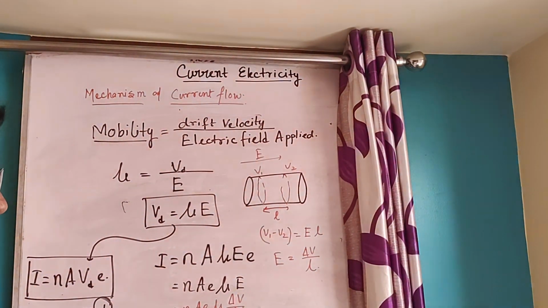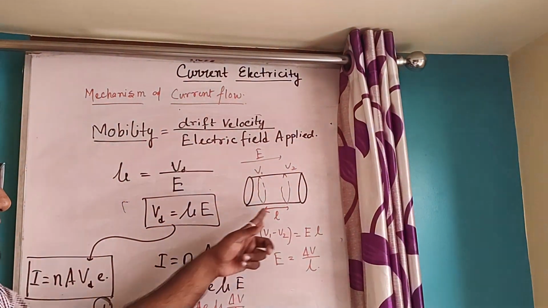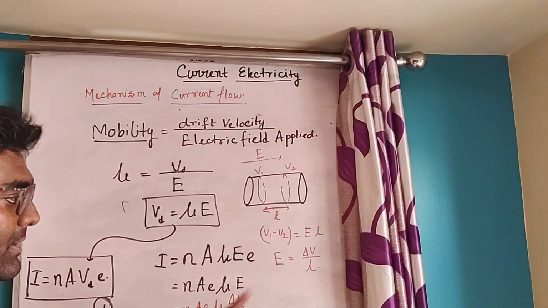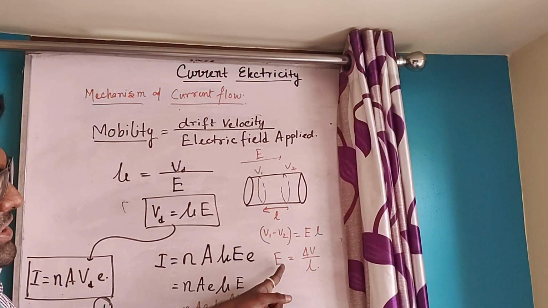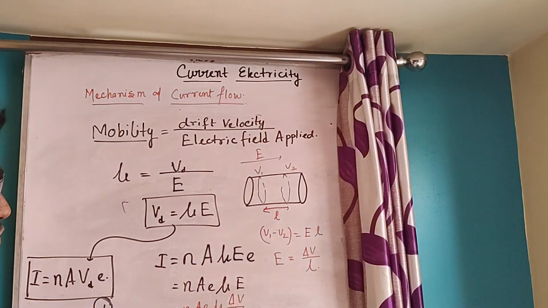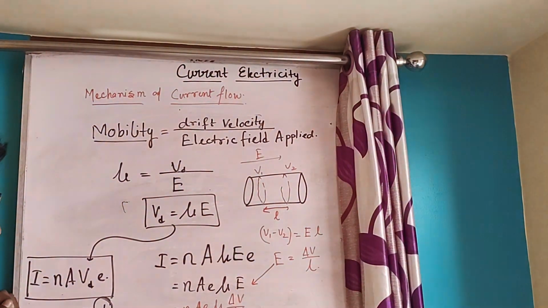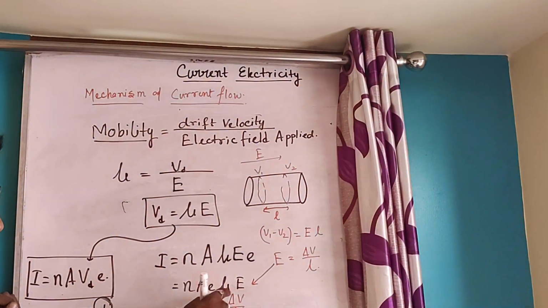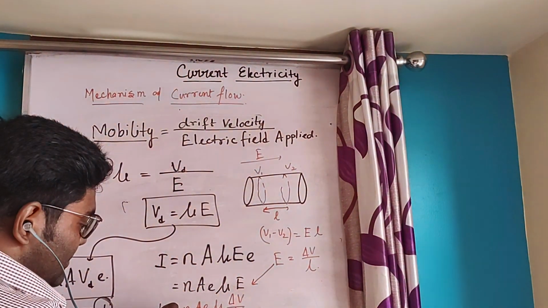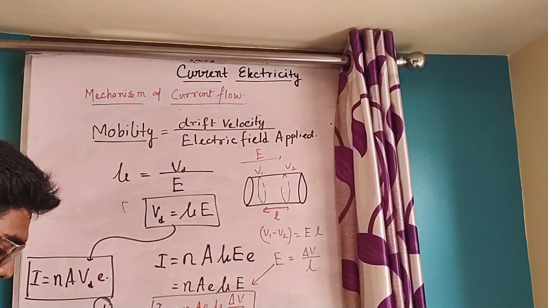In the previous chapter we have already studied the relation between the potential difference and the electric field. So from that relation we got this equation, and we have put it into this equation. So it is N A e mu into delta V by L. So this is I.